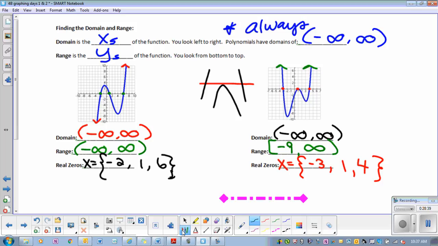So anytime that it bounces off there, it means you have 2 of them. You have 2 at that number. So with this guy, with the 1, I'm going to put times 2, or I'm going to put double root. Right? So double root.